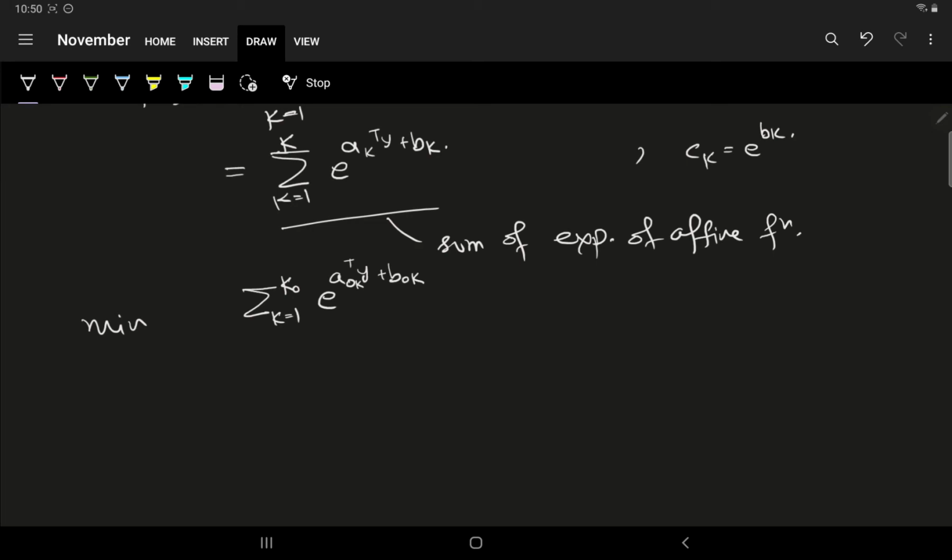Okay. Subject to the inequality and the equality constraints.